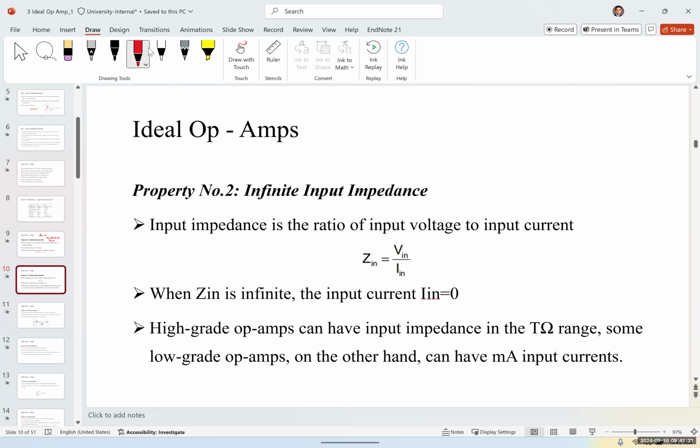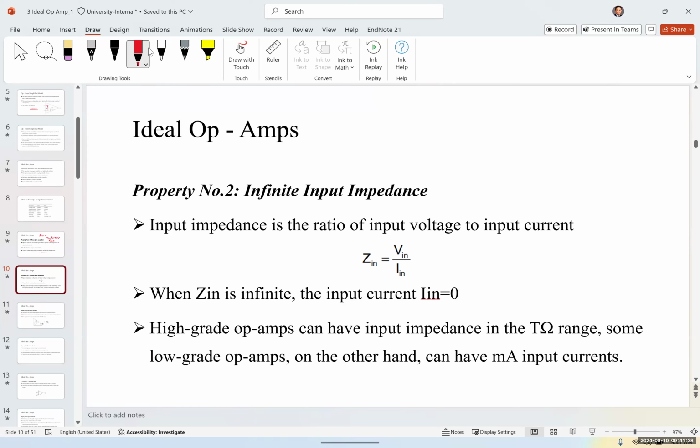The next thing is that the ideal op amp has an infinite input impedance. And the input impedance is the ratio of the input voltage to the input current.